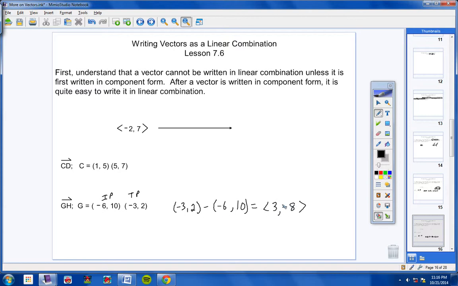So this is the component form. If you missed this, hopefully I didn't make a mistake anywhere, please find your mistake. And now we've written the component form vector as a linear combination, okay? So pretty simple to do.